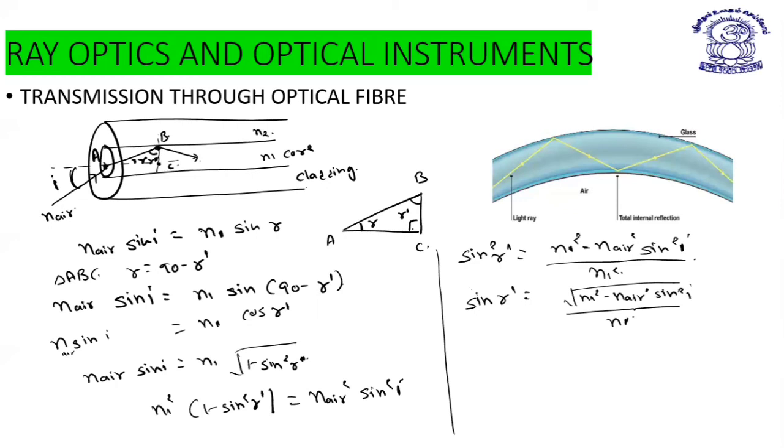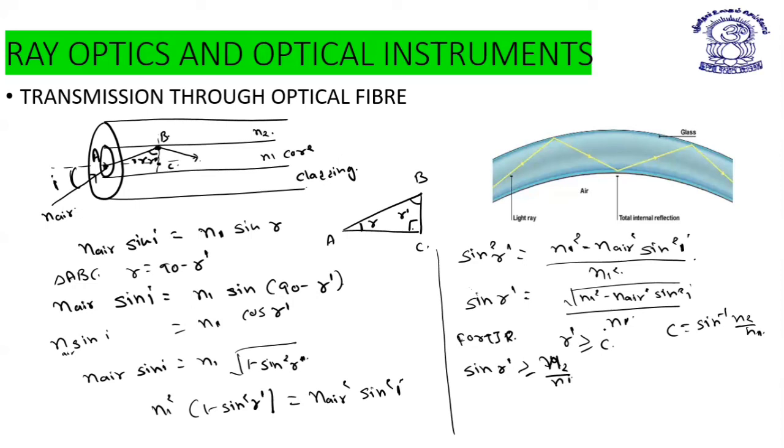Now for TIR, R dash should be greater than or equal to the critical angle. And here critical angle is equal to sine inverse of N2 by N1. So putting this value, we can write sine R dash should be greater than or equal to N2 by N1.